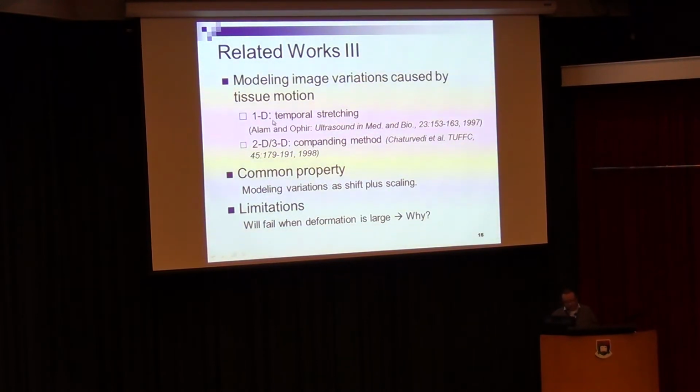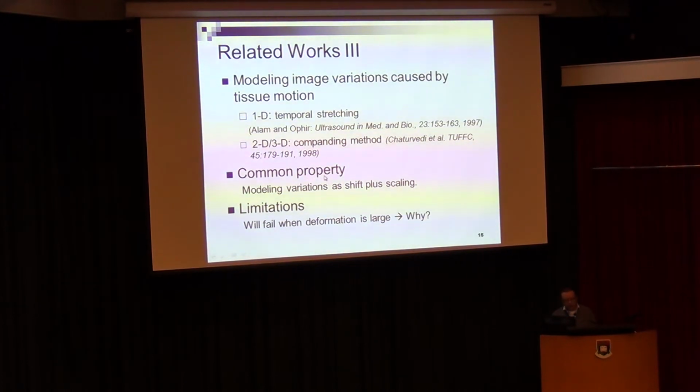Then there are some concrete or explicit models that describe how images will change after tissue deformation. In 1D, they call it temporal stretching, and in 2D and 3D, they call it compounding. This compounding method is closest to our coupled fitting method.